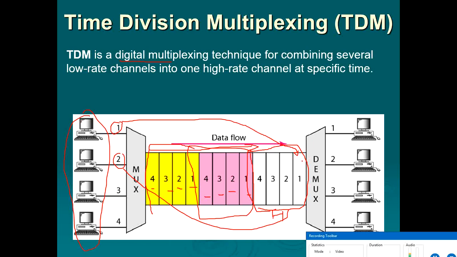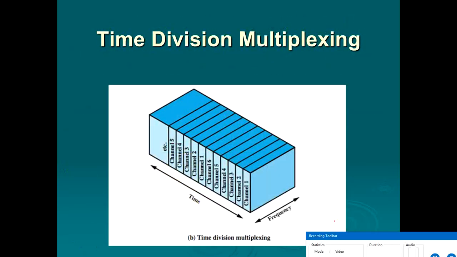It will send the first frame to the first receiver, the second frame to the second receiver, the third frame to the third receiver, and the fourth frame to the fourth receiver. This is an efficient multiplexing technique which is used in modern day industry, and we will explore more about it. So, time division multiplexing.